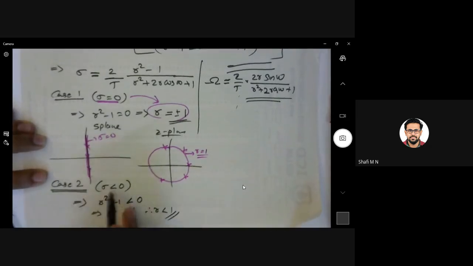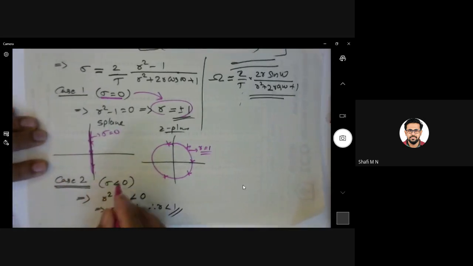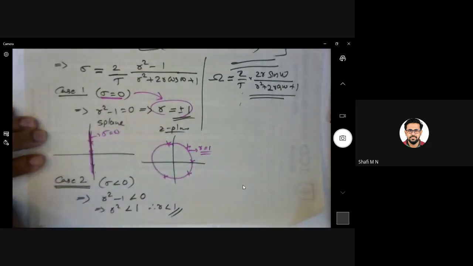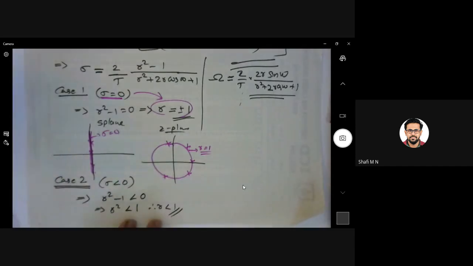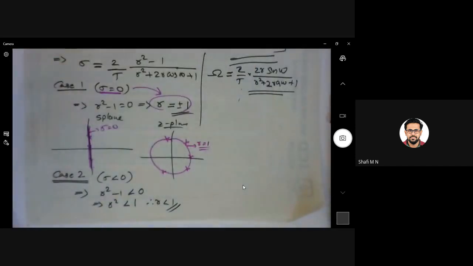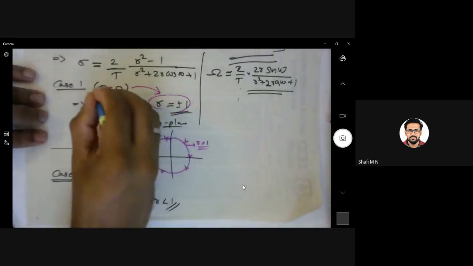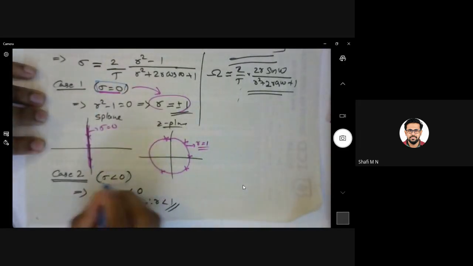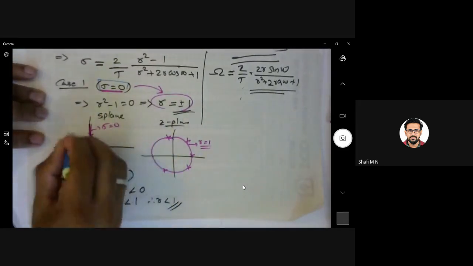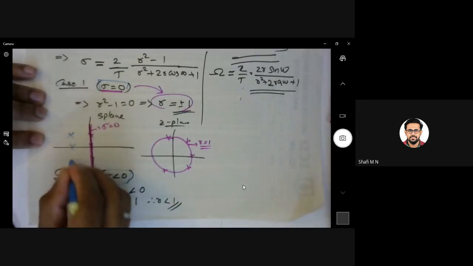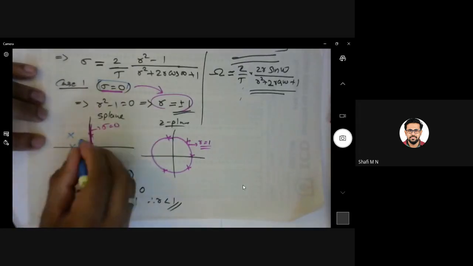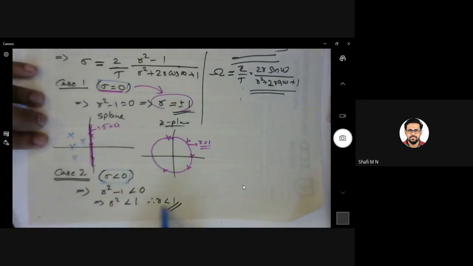So what happened with the sigma less than 0 case? Sigma less than 0 means where it falls. This is actually case 1. For case 2, I will use another color. So this was case 2, sigma less than 0. The poles over here, sigma less than 0, will all be mapped to where r is less than 1.